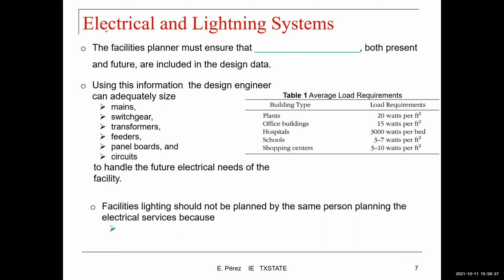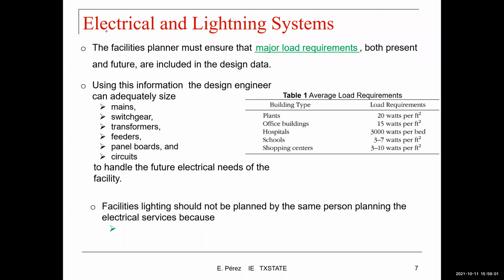The facilities planners must ensure that major load requirements, both present and future, are included in the design data. Using this information, the design engineer can adequately size main fixture transformers, feeders, panel boards, and circuits. Table 1 has an average load requirement for the different building types.